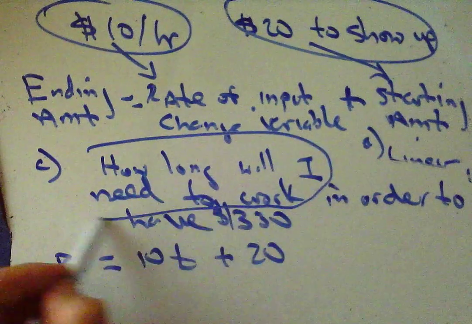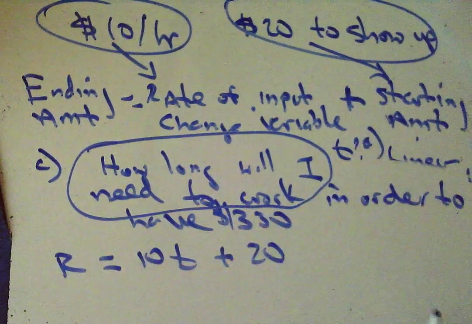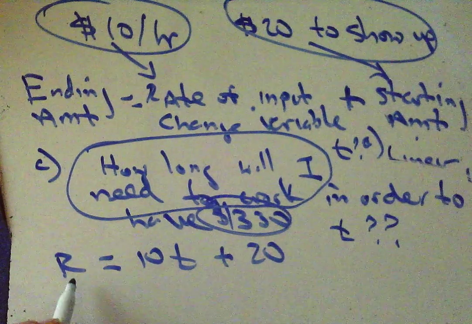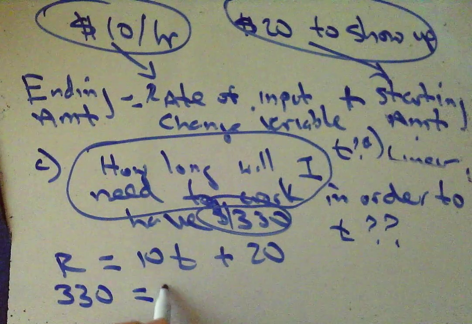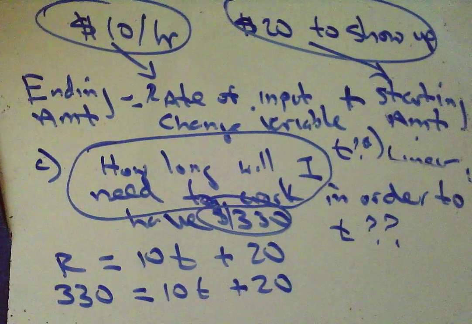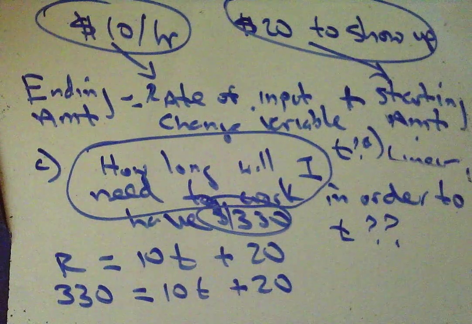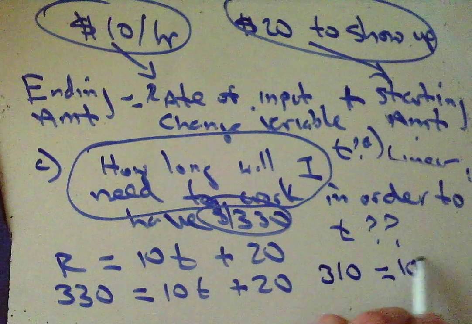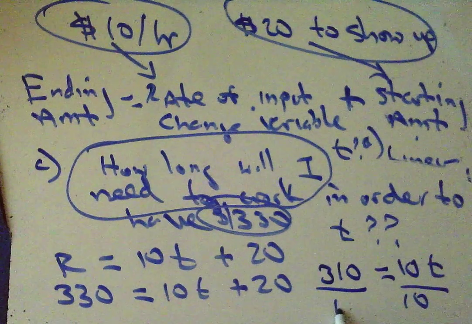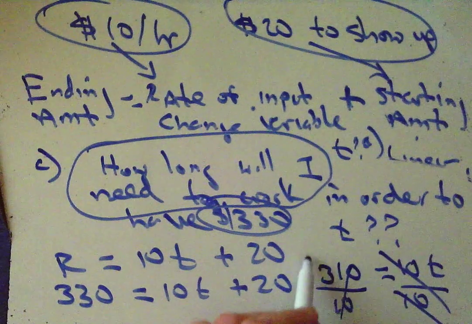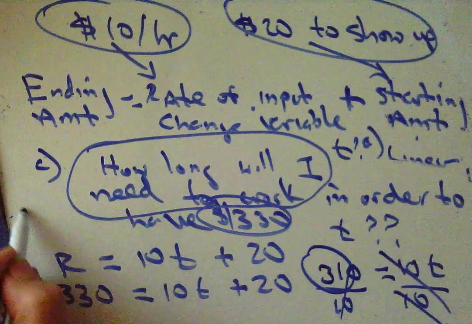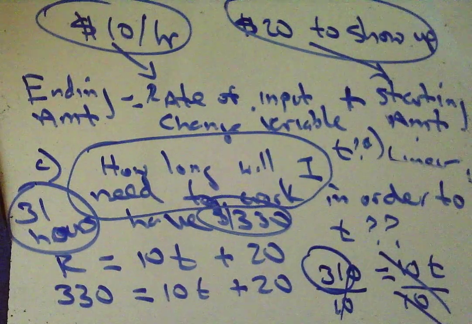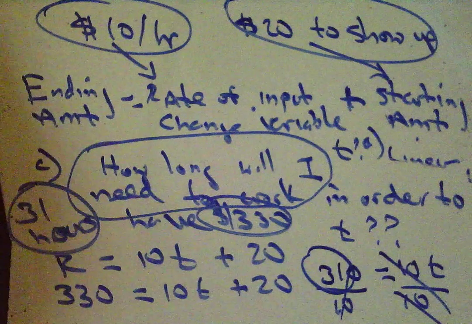Well, that's asking me for time. I don't know the time, but I do know how much money I'll have. So I'm going to plug the money in over here because that's my output. And now I need to solve this equation for t. I'm going to start by subtracting 20 and then dividing by 10. So I have to work 31 hours to make $330. Okay? All right.